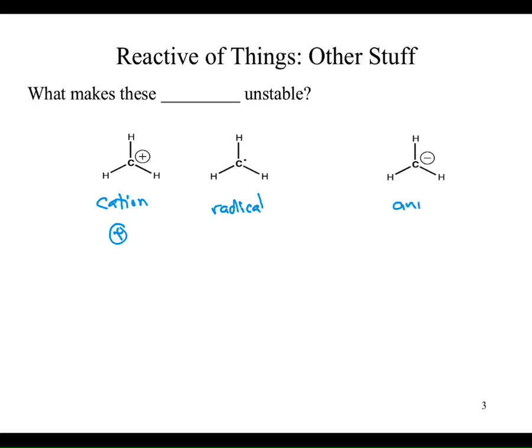And the last one, we have an anion, and it's negative. Each of these has slightly different characteristics, and we would have to evaluate those characteristics at every single step of the way. Because they're all different from each other, what we're going to do is focus on just that cation.